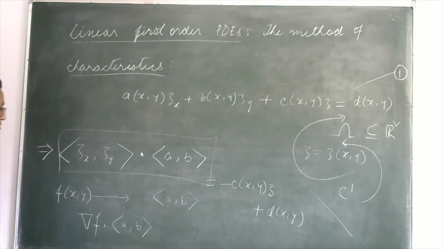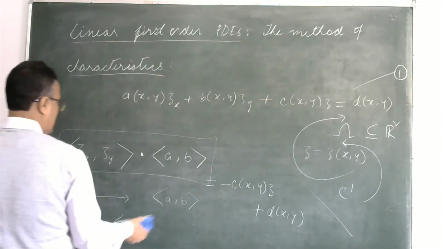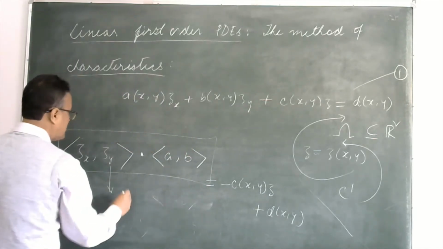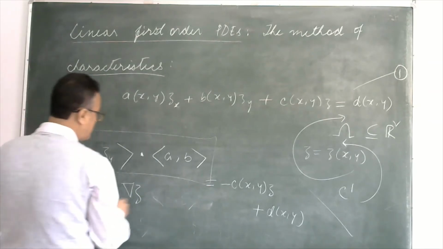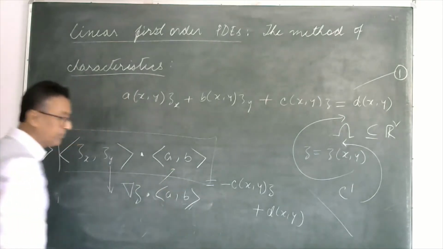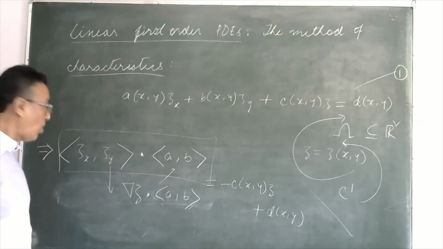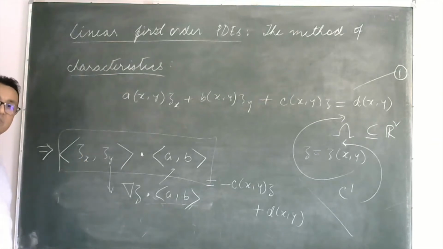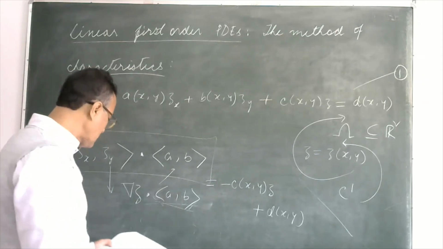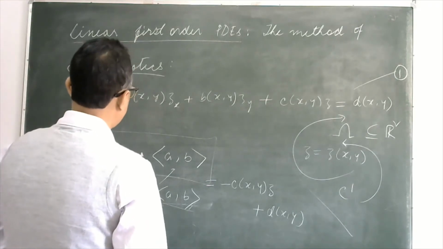So the term on the left hand side is actually in the form grad u dot (a,b). That means this represents the directional derivative of the function u, as a function of two variables x and y, in the direction of (a,b).